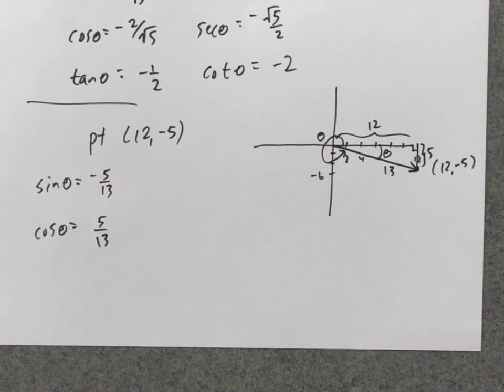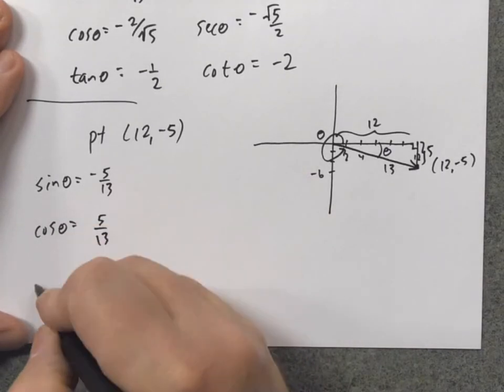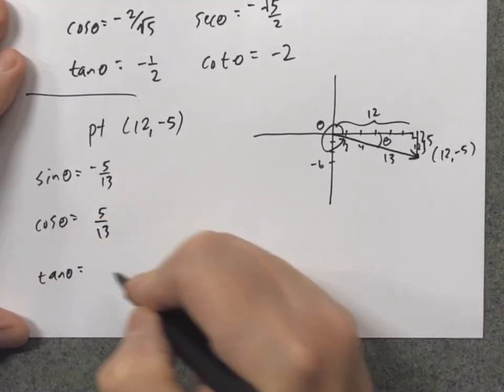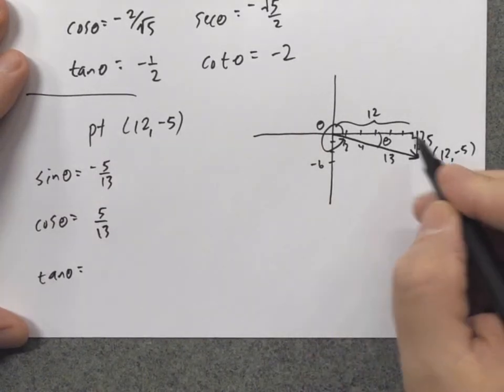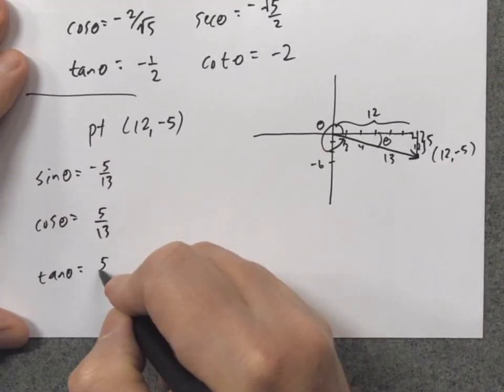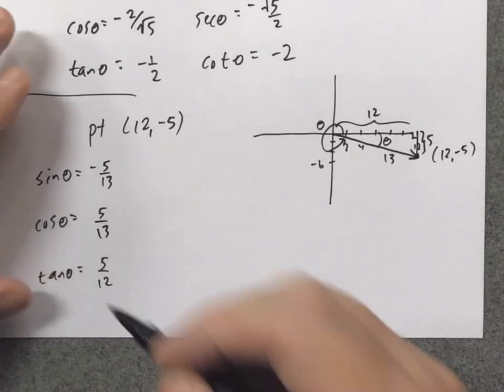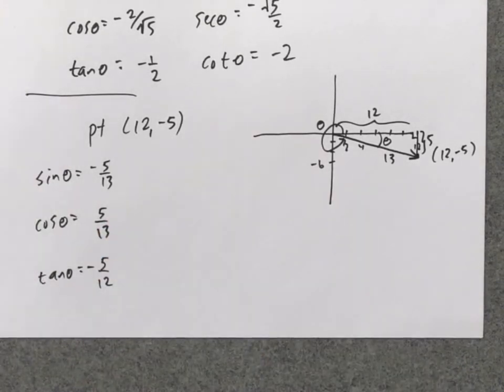What about cosine in quadrant 4? It's actually positive, so here's the cosine. Tangent, so opposite over adjacent. In quadrant 4, what's the tangent? Well, the tangent is sine over cosine. And since the sine is negative and cosine is positive, the tangent is going to be negative.